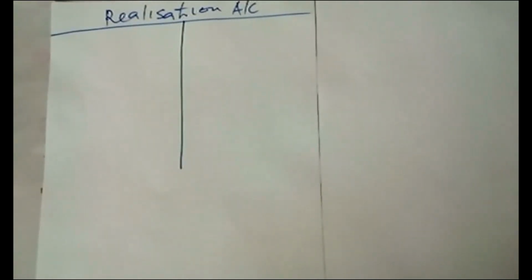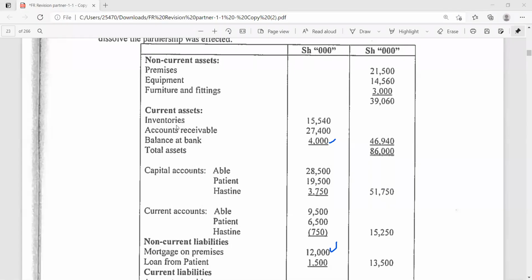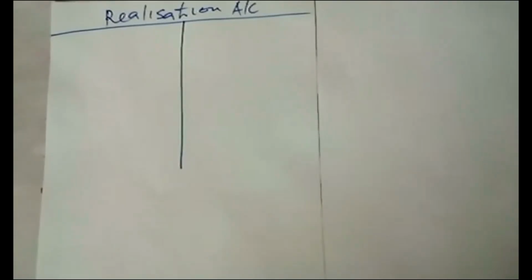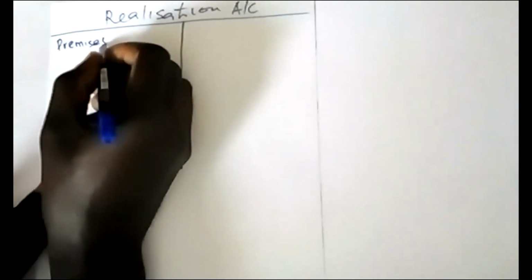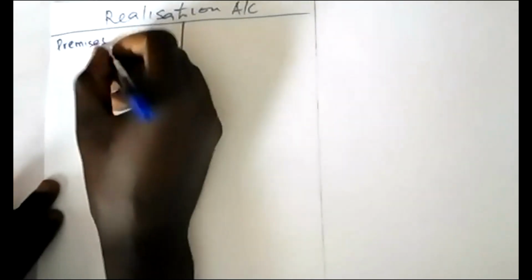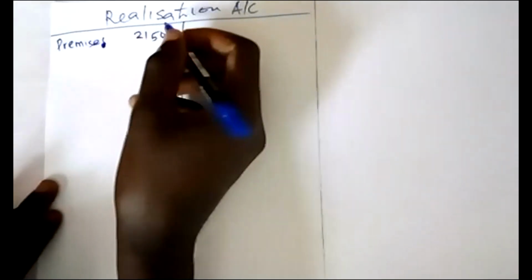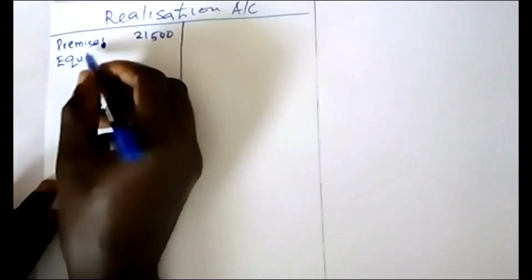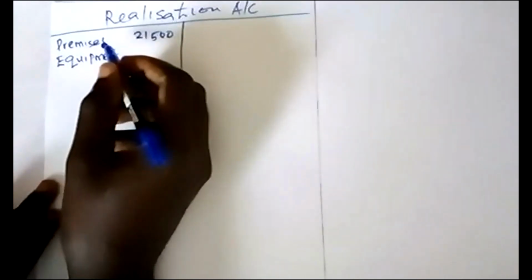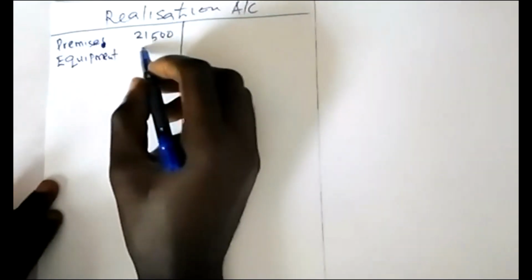So we start from which point? From which asset? You can see the premises, equipment, furniture and fittings, inventories, account receivable. So those are the assets. So premises was 21,500. We move on to equipment. So equipment was 14,560.